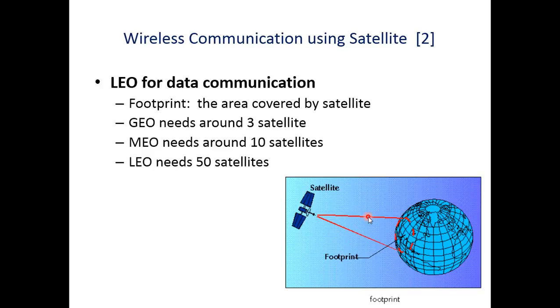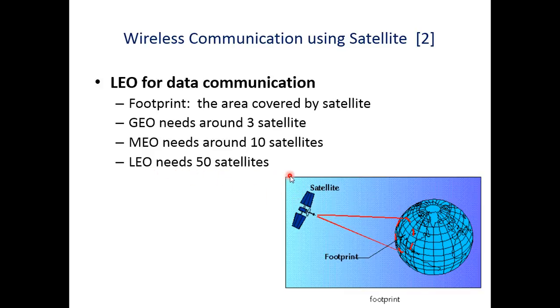So if we have 10 satellites, then we can cover the entire Earth for communication purposes. And the same thing, if the satellites are launched into the LEO, about 400 kilometers from the Earth, then the number is 50. So 50 satellites are required if those are launched into the LEO. And if launched into the GEO, then 3 satellites are required.